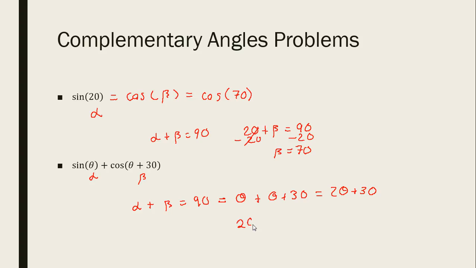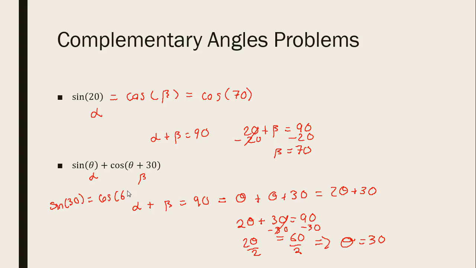So we have 2 theta plus 30 is equal to 90. So we have 2 theta is equal to 60. I just minus 30 from both sides here. So dividing by 2, we get theta is equal to 30. So right here I have sine of 30 is equal to cosine of 60.